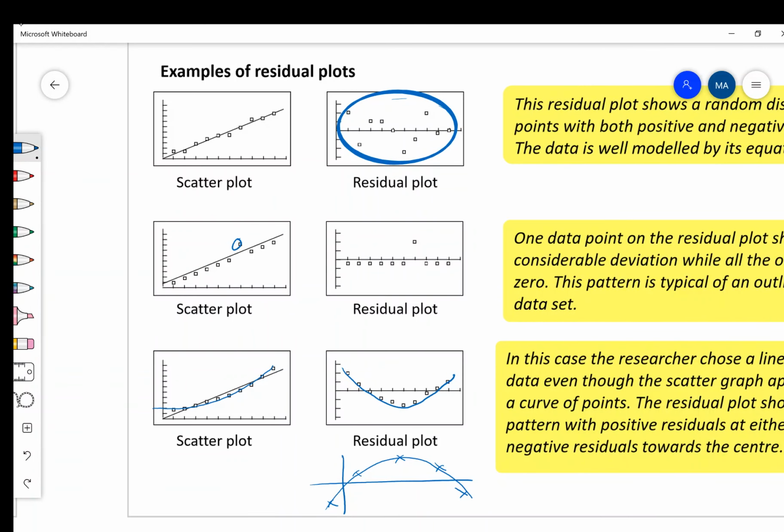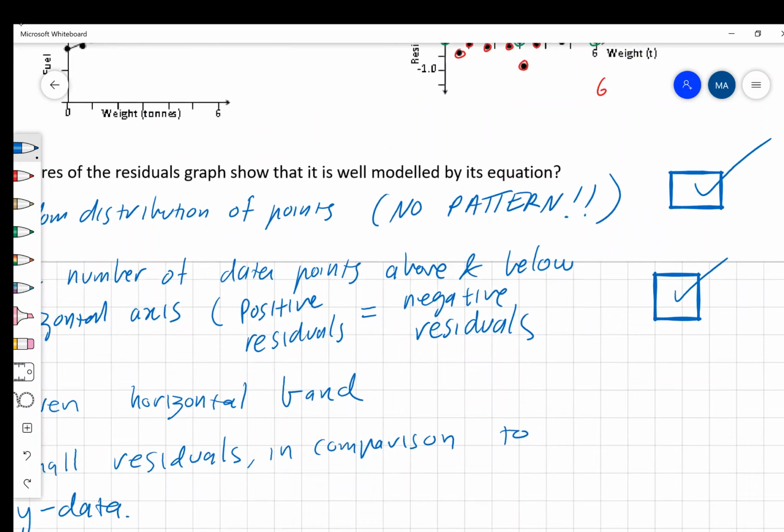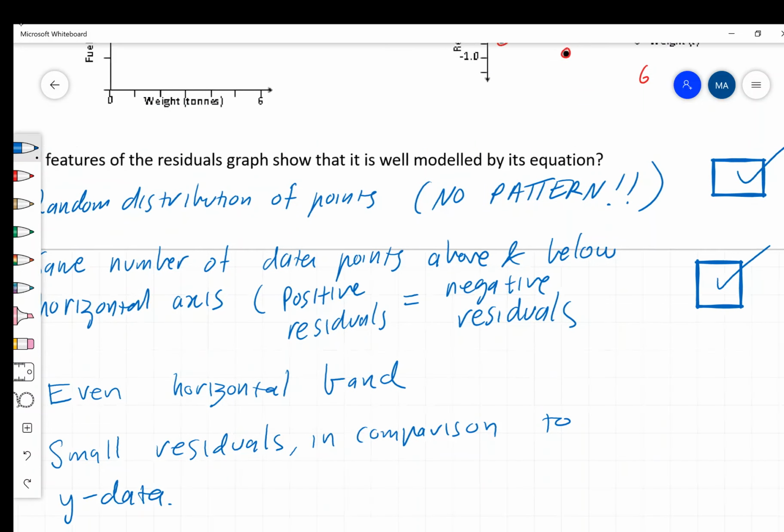You can see that in this case, there's a bunch of points that are below the line and one data point above. So having too many on one side or the other could indicate an outlier, a data point where maybe there was a mistake when they recorded it, or something of that nature. That's why we look for that particular feature in a residual plot.